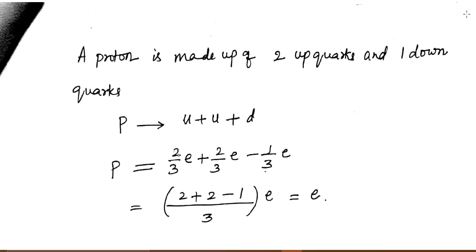Look at the charge in the above reaction. 2 by 3E is the charge of an up quark, plus 2 by 3E, and for the down quark the charge is minus 1 by 3E. Take LCM, 3 is the LCM, you will get 2E plus 2E minus E. Take E as common factor, 2 plus 2 minus 1 is 3, 3 and 3 cancel each other, and therefore the charge of the proton is plus E.